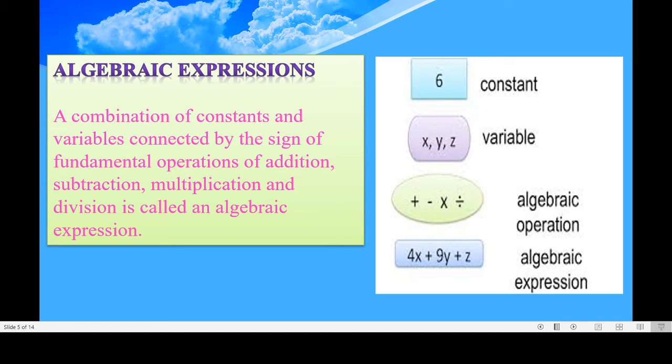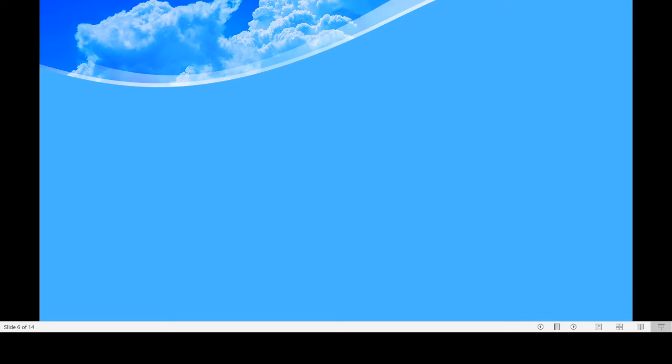So a combination of all these things combined together is called an algebraic expression. So 4x plus 9y plus z is a simple example for an algebraic expression in which 4, 9 are constants, x, y, z are variables, plus is the algebraic operation.